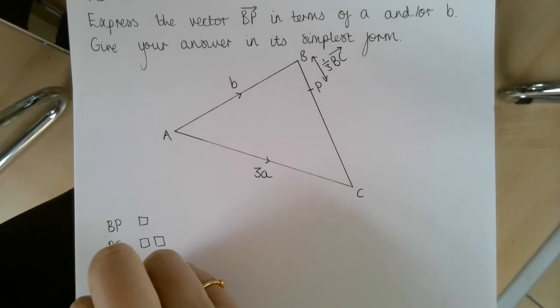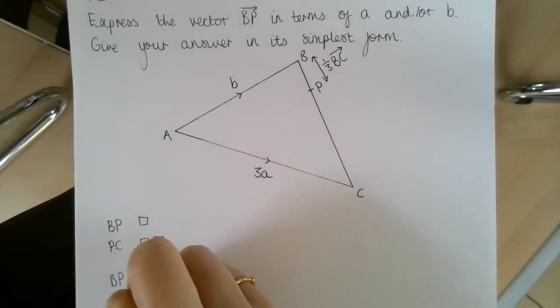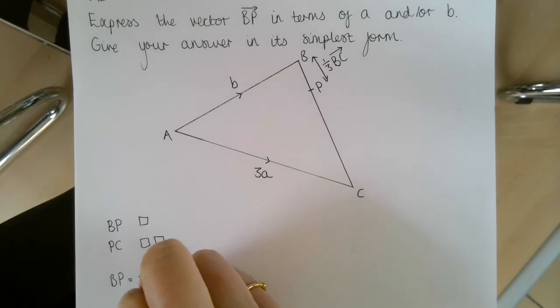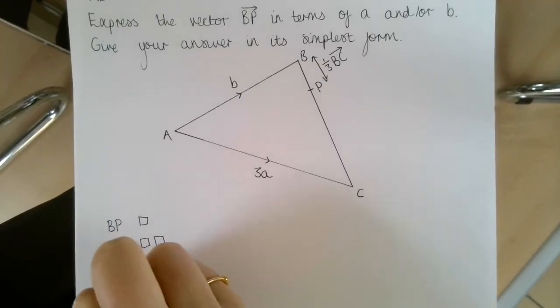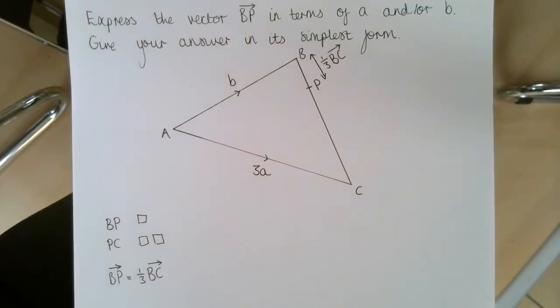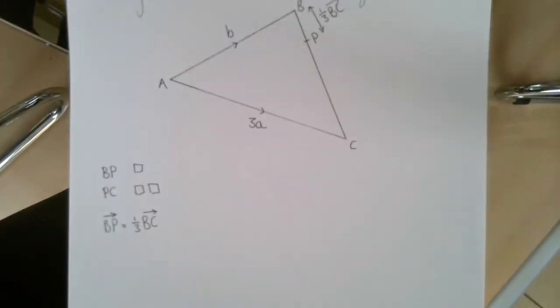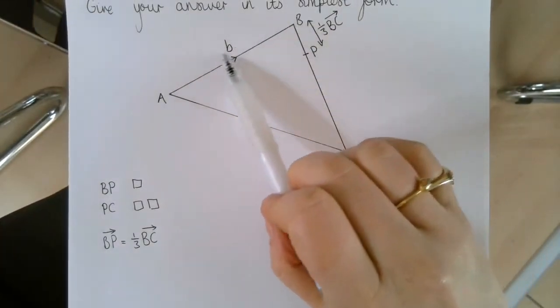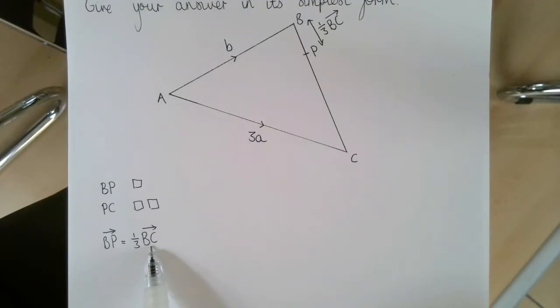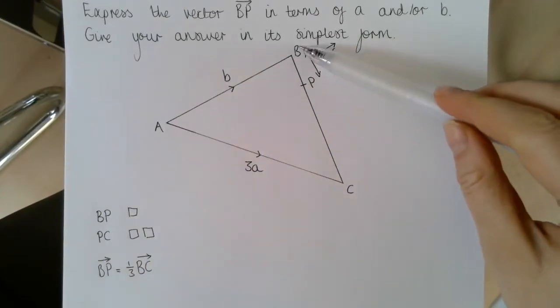So we know that BP is equal to 1/3 BC. So all we need to do then is find the vector BC and then find 1/3 of that vector to find our vector BP.